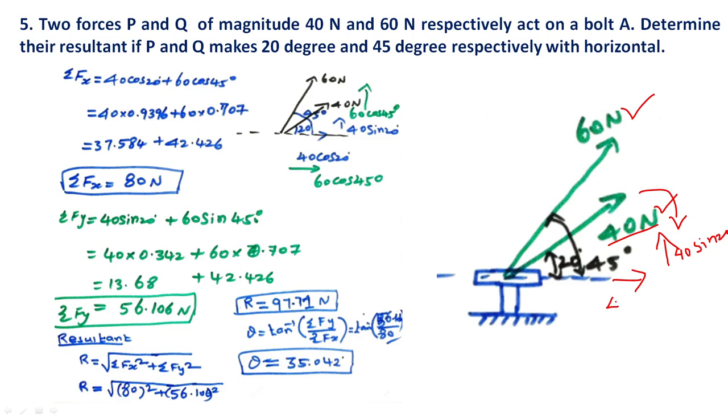The horizontal component is 40 cos 20°. For the 60 Newton force, the opposite component is 60 sin 45, and the horizontal force is 60 cos 45°.